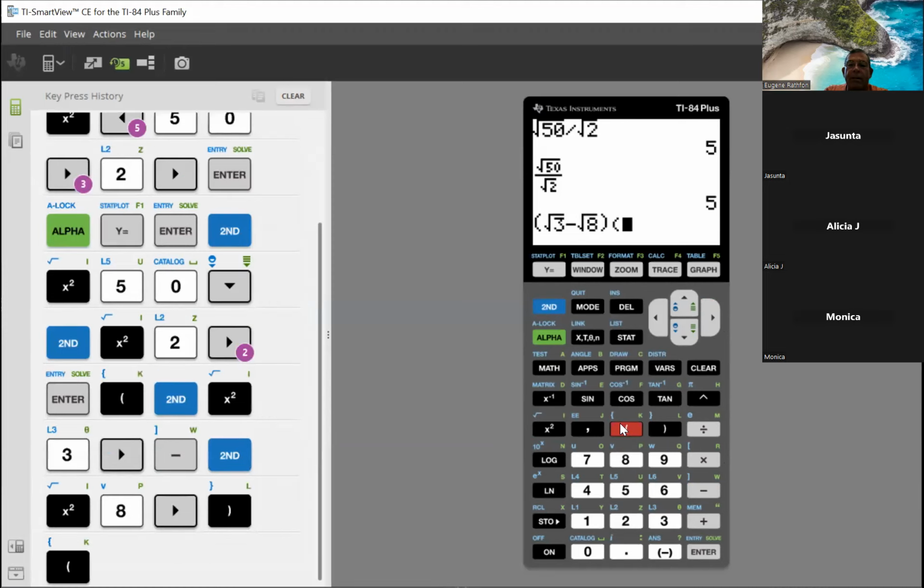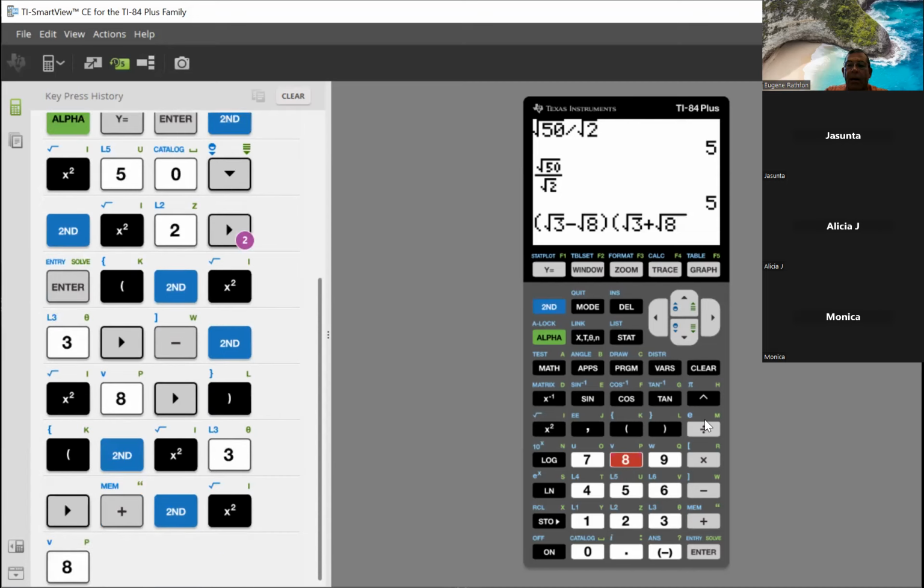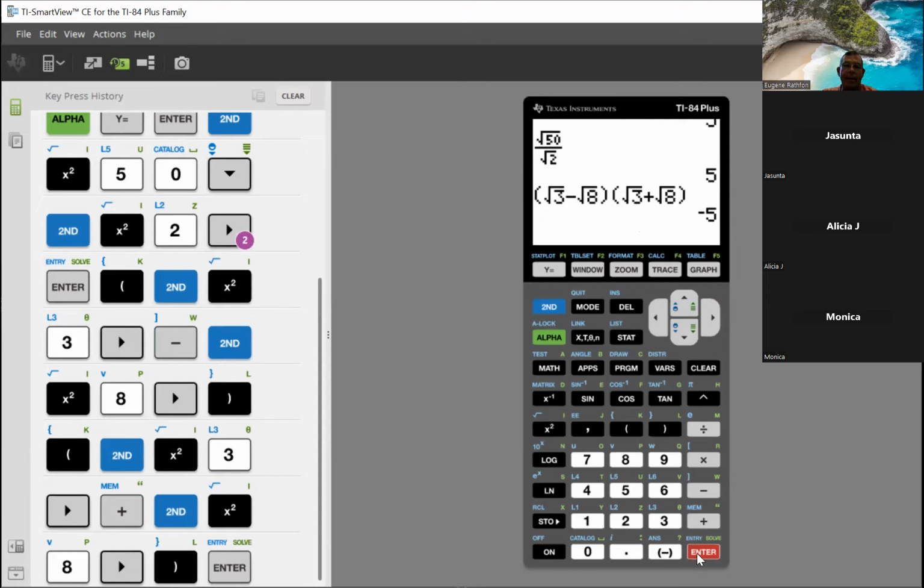Then I do my parentheses again. And I had a square root of 3. Arrow out of the radical. And then this one was plus a square root of 8. Arrow out of that radical and close parentheses. And y'all, what we should get is what? A -5 on that. So when I hit enter, I get my -5.